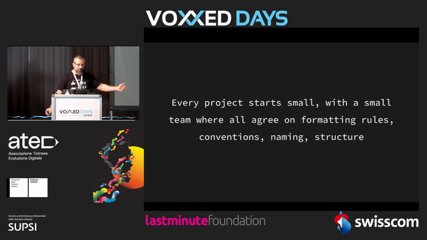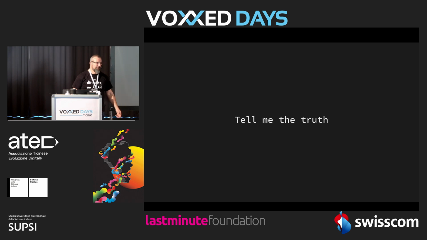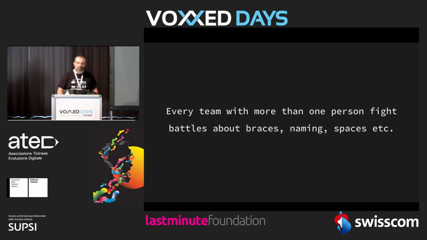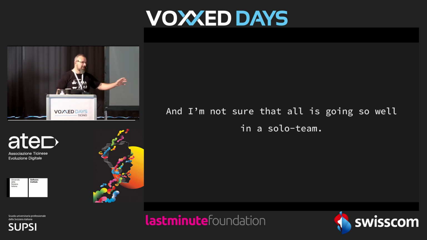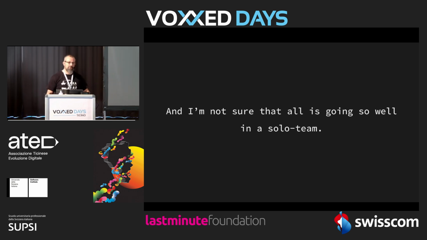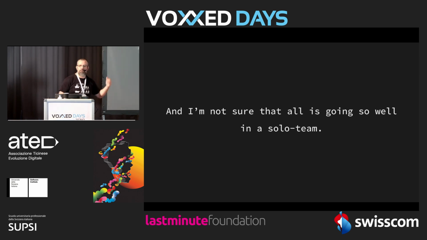Everything with more than one person fights battles about braces, naming, spaces, etc. And I'm not sure all is going so well in a solo team. As Venkat said, when I come back from holidays, I always complain about the code that I wrote 15 days ago. It always happens. I've been in this field for 25 years, and every time it's the same story.